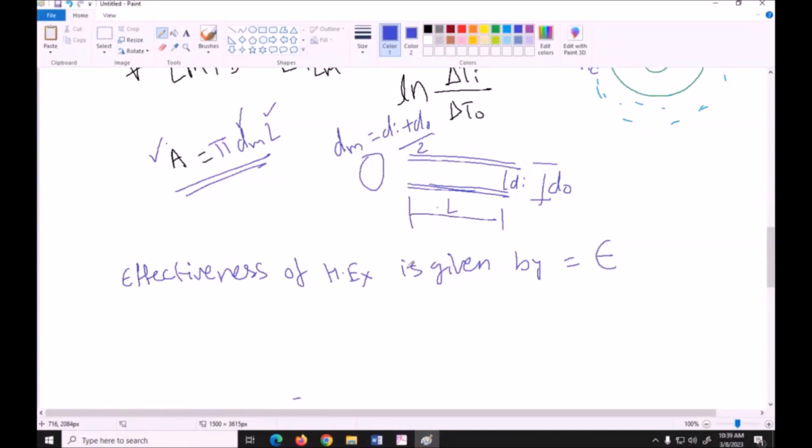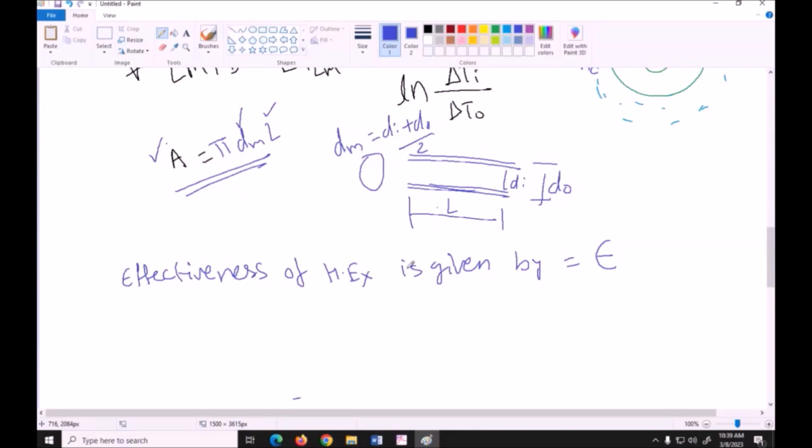So how can we say it has efficiency? The agent is communicating between two parties, and he is getting his benefit. Like that, a heat exchanger is also communicating between two fluids and transferring the heat. That's why it is called effectiveness. How effective is he? If he is very effective, then more heat will be transferred.